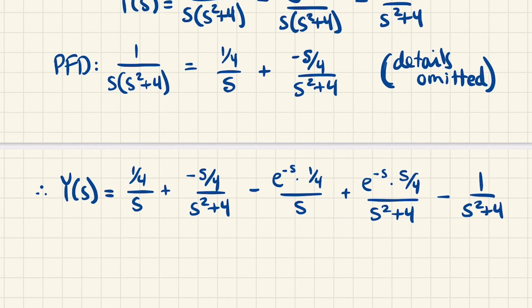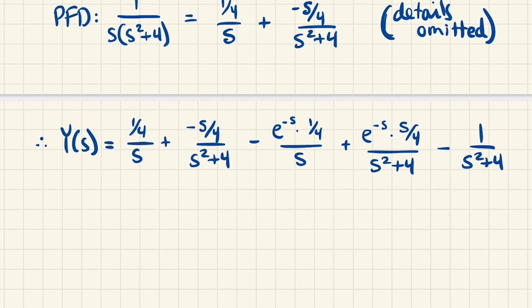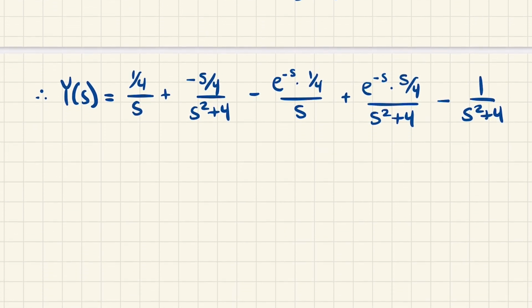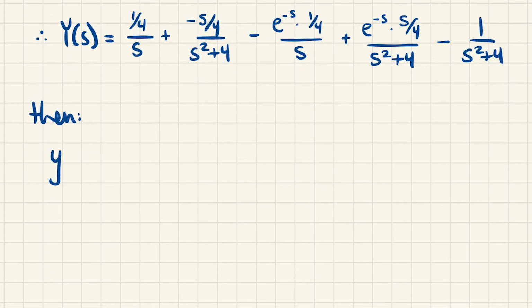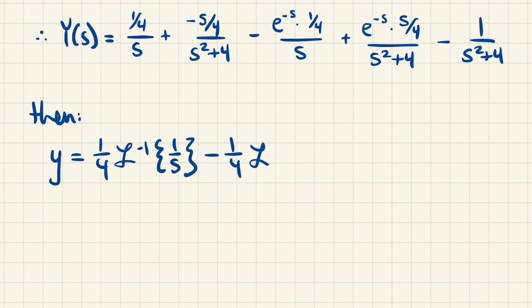So there are no like terms among these 5 big terms, so we just need to inverse Laplace each one in turn. Then our y is going to be 1/4 times the inverse Laplace of 1 over s. That one's deliciously easy. And minus 1/4 times the inverse Laplace of s over s squared plus 4. That one's also pretty easy.